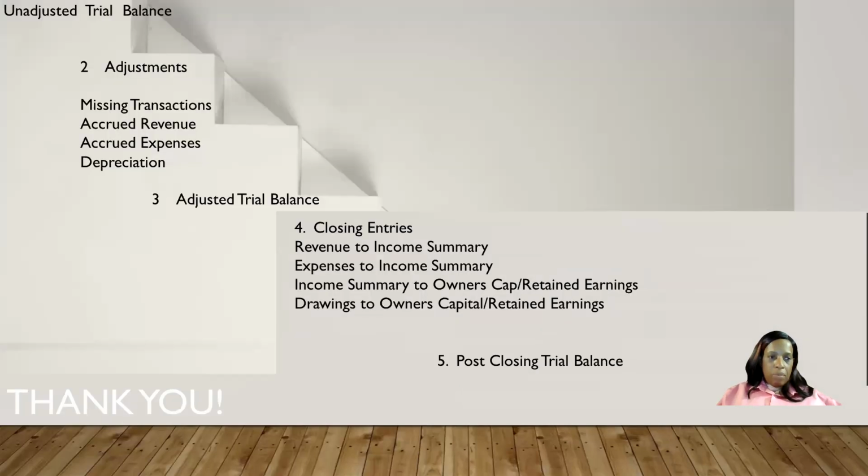So let's go through the steps. First, we start with an unadjusted trial balance. Then we move on to some adjustments. Then we have what we call the adjusted trial balance. Then we move to the closing entries. And after we finish the closing entries, we move to what we call the post-closing trial balance.